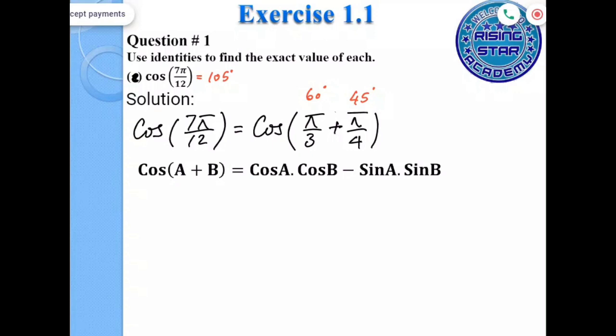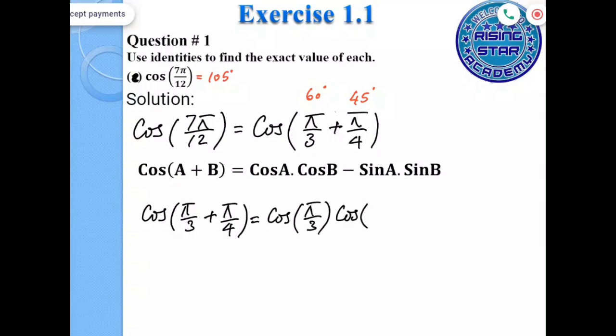So this is the identity of cos A plus B. So now I would write cos of pi by 3 plus pi by 4 equals cos of pi by 3 into cos of pi by 4 minus sine of pi by 3 into sine of pi by 4.